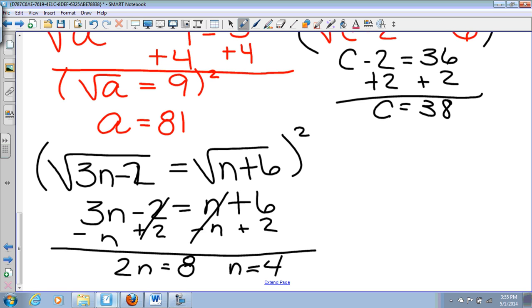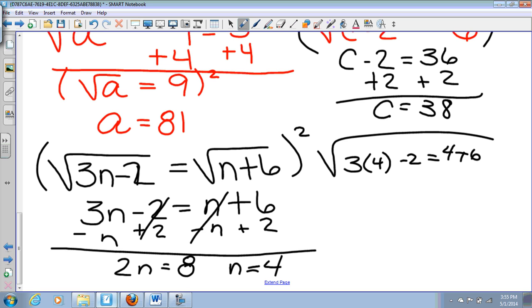So 3 times 4 minus 2 equals 4 plus 6, square roots of all of that. 12 minus 2 is 10, so the square root of 10 equals the square root of 10, and that, in fact, is true. That's just another type of example of solving radical equations.